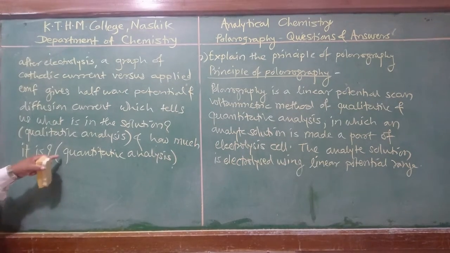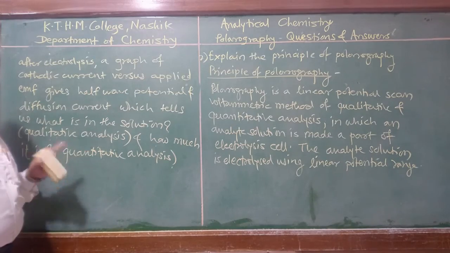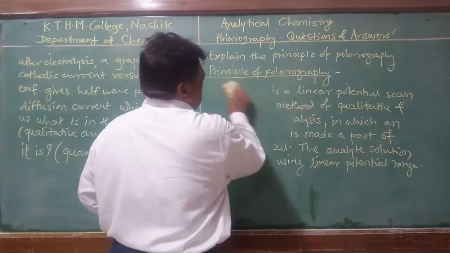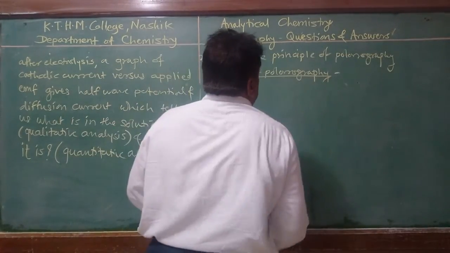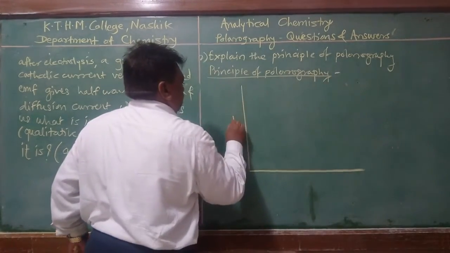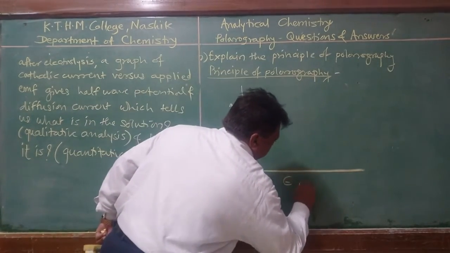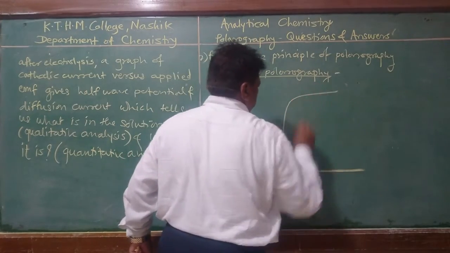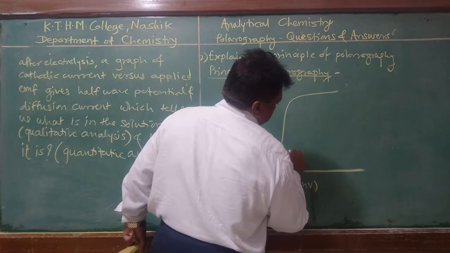In this way, both qualitative and quantitative analysis are performed in polarography, and you have to show this result in the form of a polarogram. Here, reduction current in microampere versus EMF in millivolt gives a polarogram, a step curve showing residual current and limiting current.